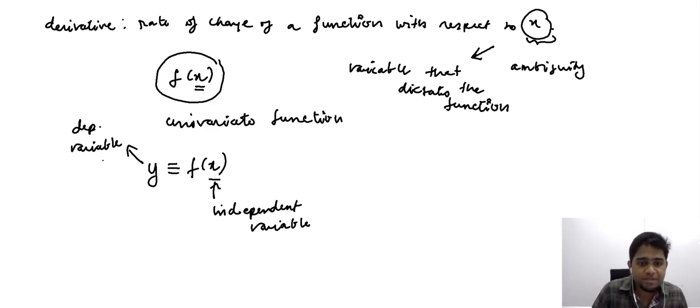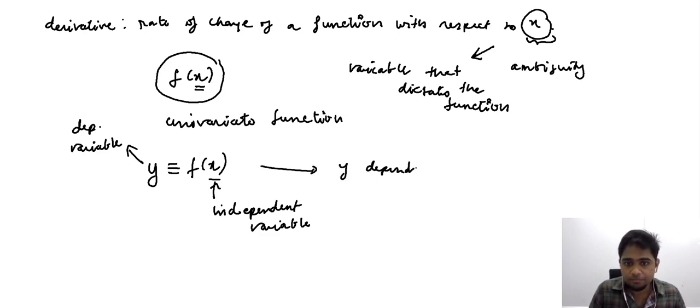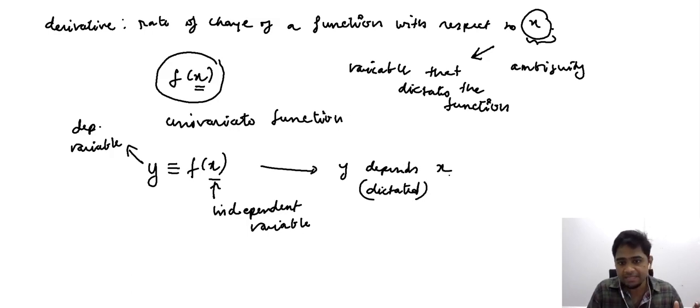Now this mathematical expression tells us y depends on x; the value of y is dictated by x. So whatever value y assumes, it is dependent on x. So the value that y assumes varies with respect to x.